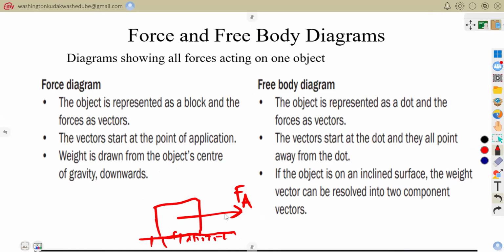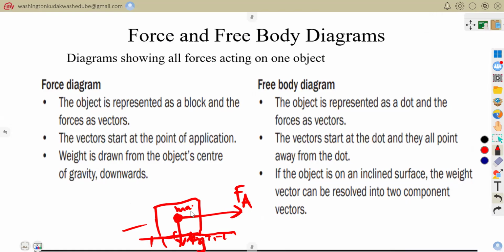I will represent that force using a vector arrow to show that the force is applied towards the center of this object and is going towards the right. Due to the mass of this object, I will definitely have my gravitational force, always directed downwards.